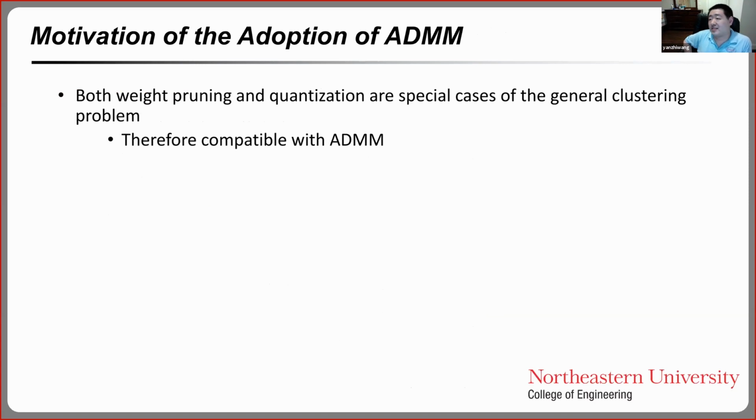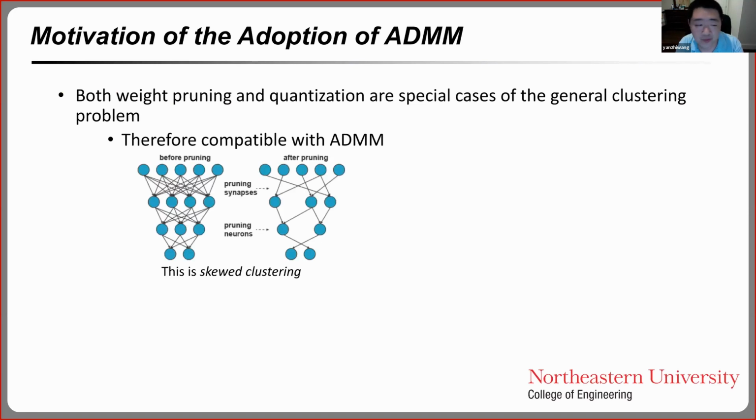We see that they look very different, but actually they are the same problem. At least they can be solved using the same technology framework. This is ADMM, or alternating direction method of multipliers. Weight pruning and quantization are just special cases of the general clustering problem, and therefore are compatible with ADMM.